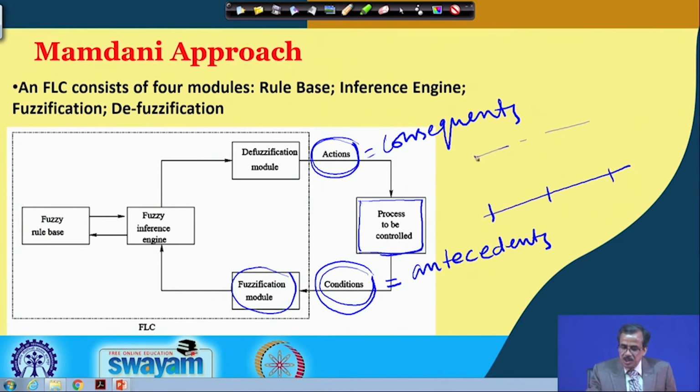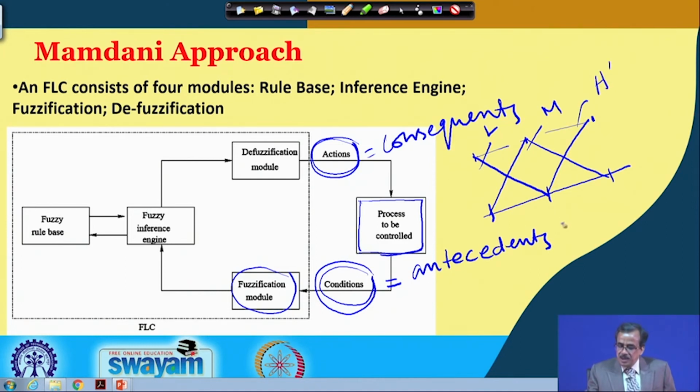Consider there are three linguistic terms to represent the temperature: this is the low temperature, this is the medium temperature, and this is the high temperature, say H prime. This is the temperature axis, this is 10 degrees centigrade and this is say 50 degrees centigrade. Supposing the room temperature is around 20 degrees or so, might be I am here.